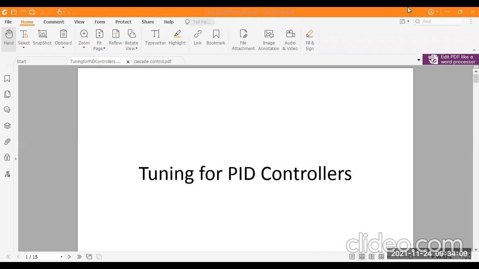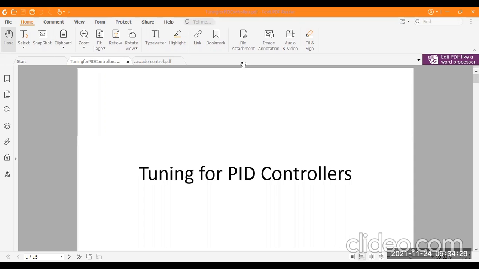In our control system course, you have studied different types of controllers: the proportional controller, that is the P controller; the proportional derivative, that is the PD controller; the proportional integral, that is the PI controller; and the PID controller, that is the proportional integral derivative controller.